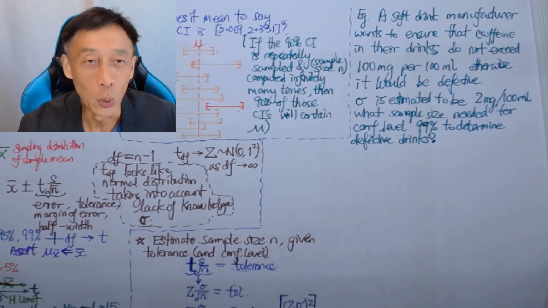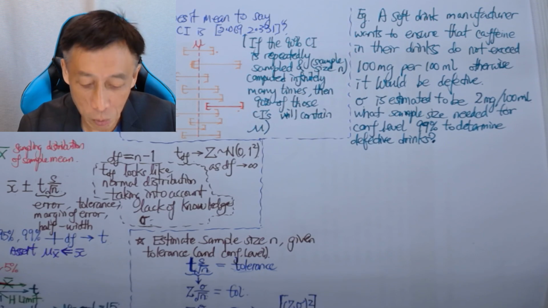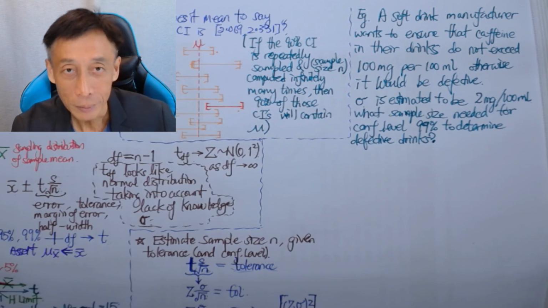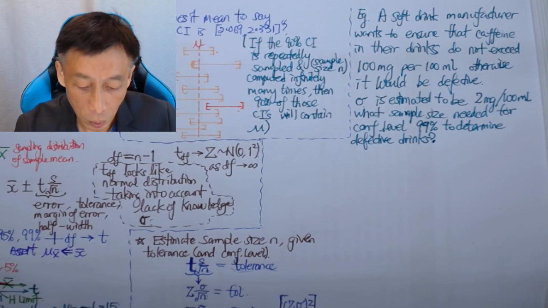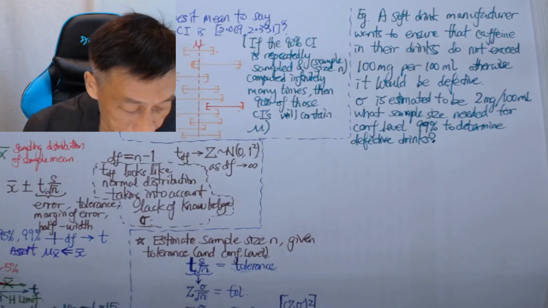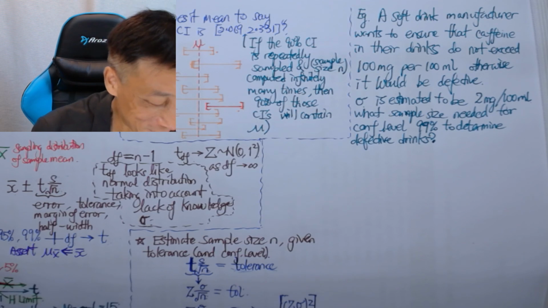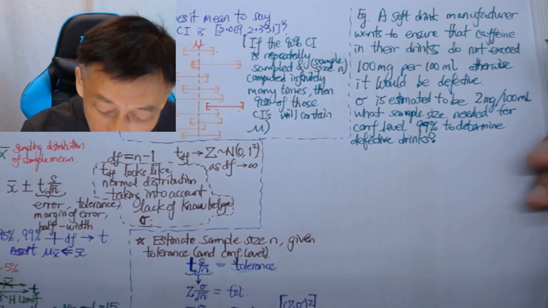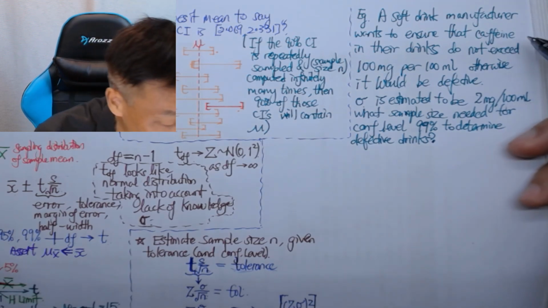So we are going to be content with random sampling. So we want to be 99% sure, and sorry, I missed out one word: otherwise it would be defective.